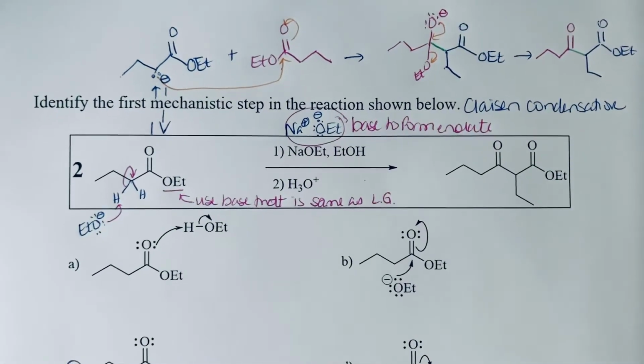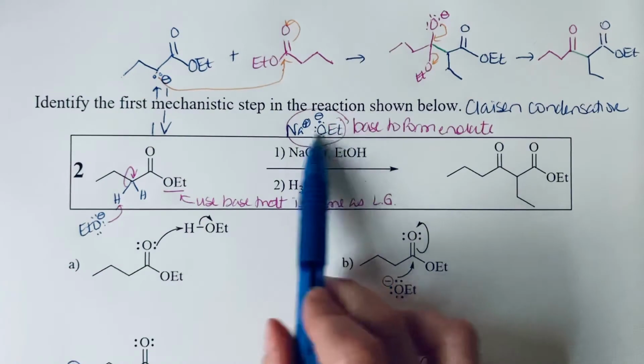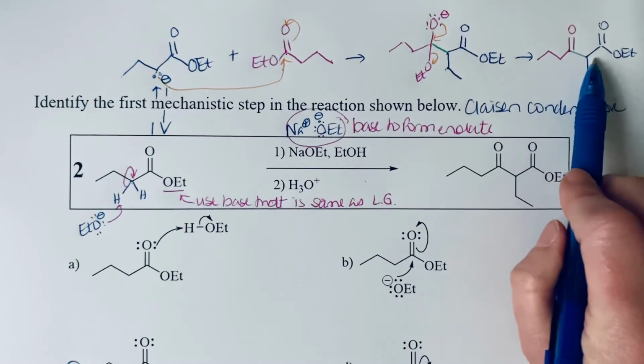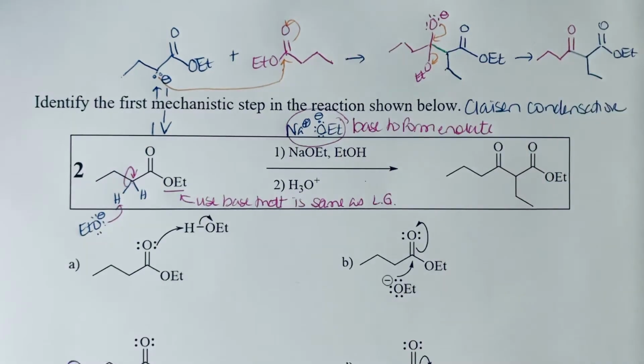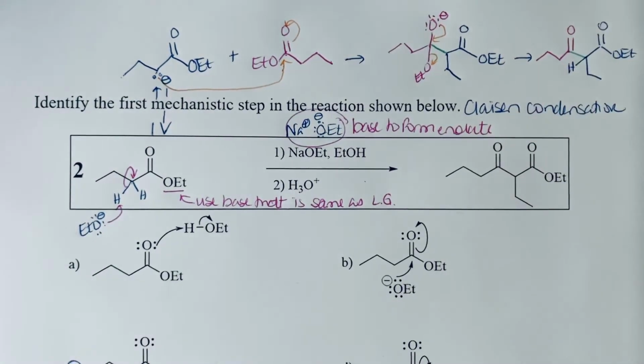If we're drawing the complete mechanism, you'd be really, really tempted to look at this and say, yep, that's the product, we're done. Unfortunately, you're not done if you're trying to draw a complete mechanism. And that's because we're in a basic solution with ethoxide. And now that we've made this 1,3-dicarbonyl, what we've made is a molecule that has a fairly acidic hydrogen.